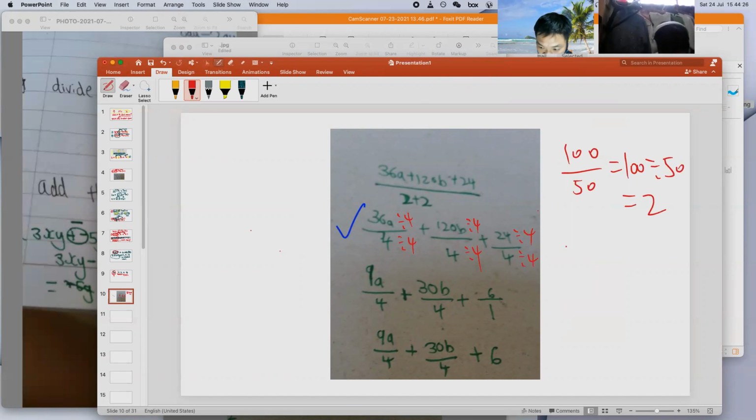Then what if you have this? How do you do this? 32 divided by 12. I asked you how do you simplify?